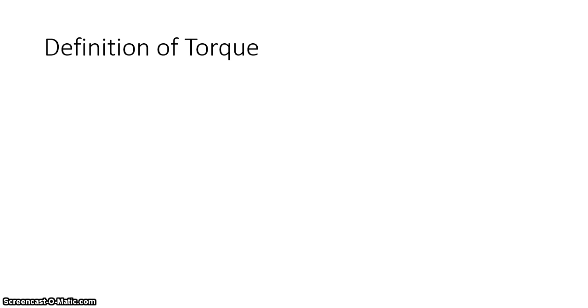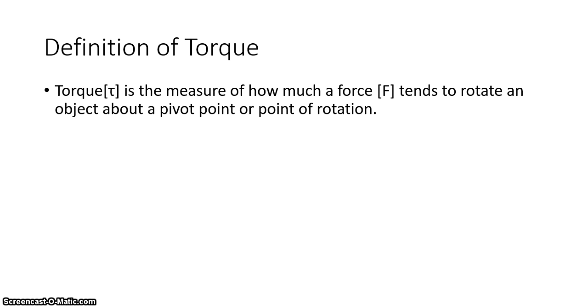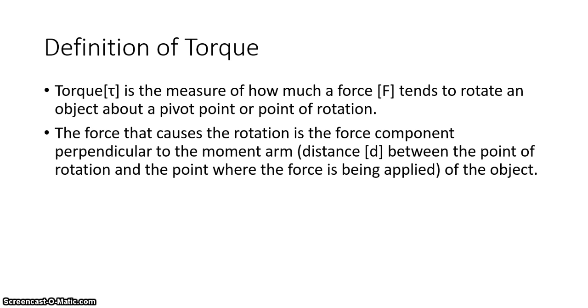All right, so let's go ahead and begin by talking about the definition of torque. So torque, and we use the Greek letter tau to represent torque, is a measure of how much a force tends to rotate an object about a pivot point, or we can call that pivot point a point of rotation.